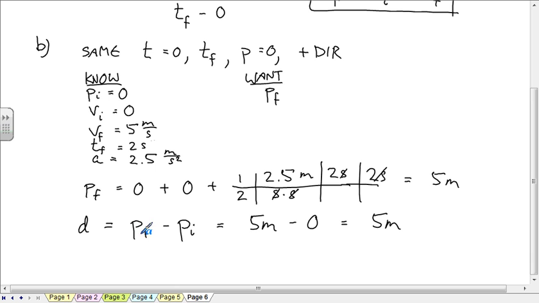So if you have questions dealing with displacement, a lot of times people will make that choice of the position equal to 0, equal to the location when time is equal to 0, so that you can just calculate P final, and that is the displacement. So you don't need us to put the displacement equation on there then? No, you wouldn't have to if you recognize that.